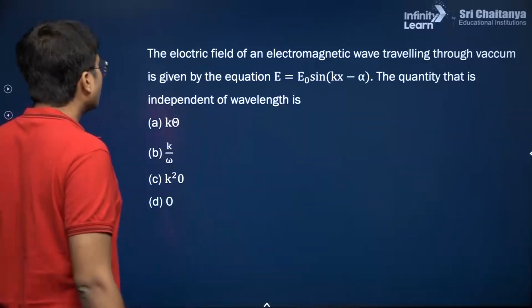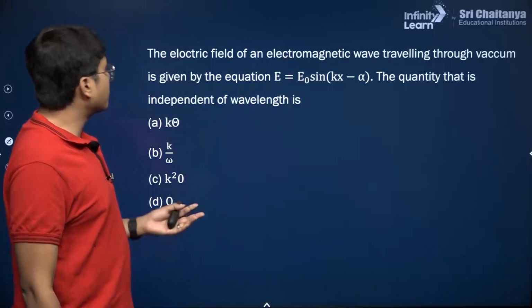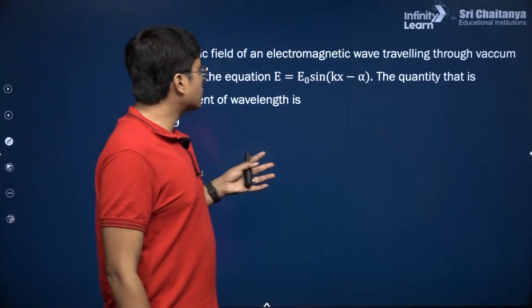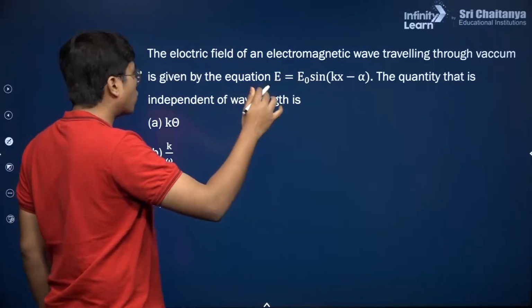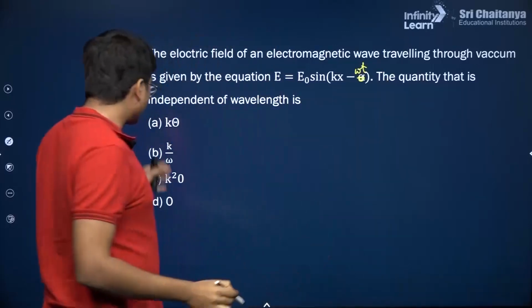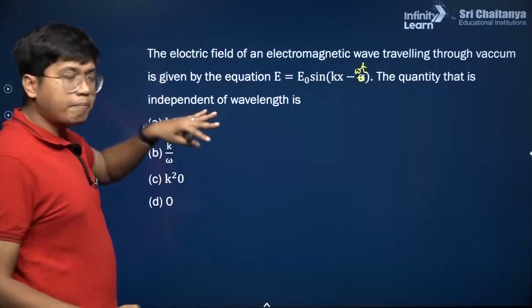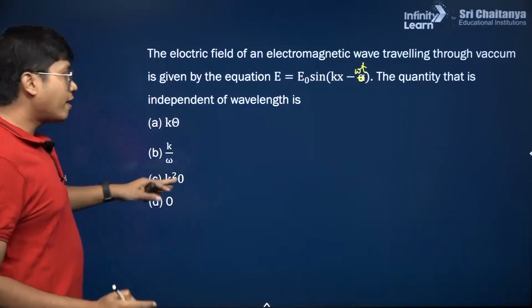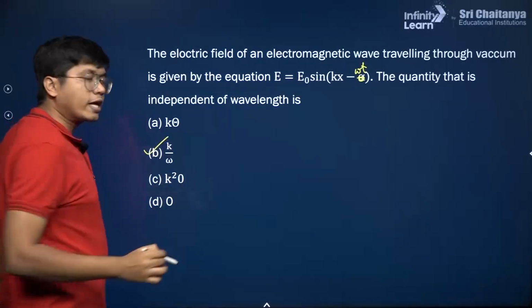Okay, moving on. The electric field of an electromagnetic wave traveling through vacuum is given by the equation E equals E naught sine of kx minus, here it would be omega t. I think that's missing here, kx minus omega t, because we have terms of omega. The quantity that is independent of wavelength is, now again we don't need to calculate anything right off the bat, k by omega.